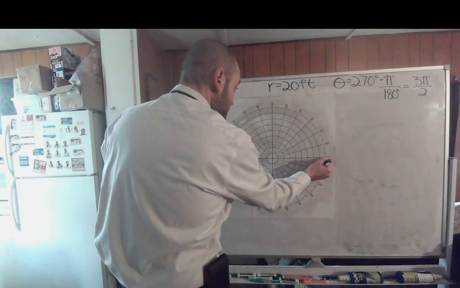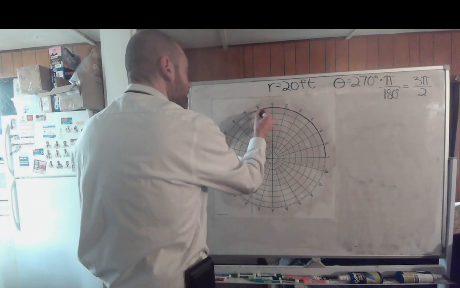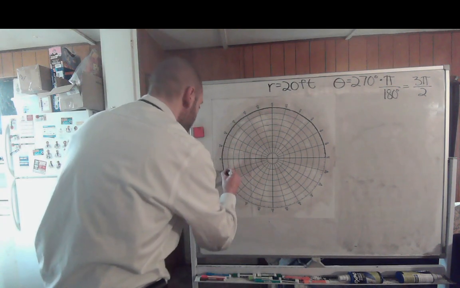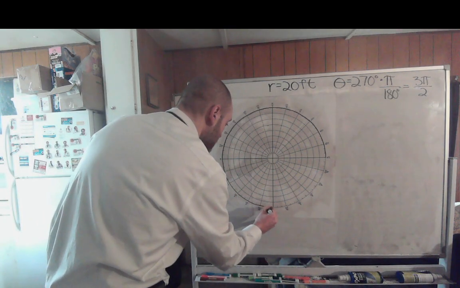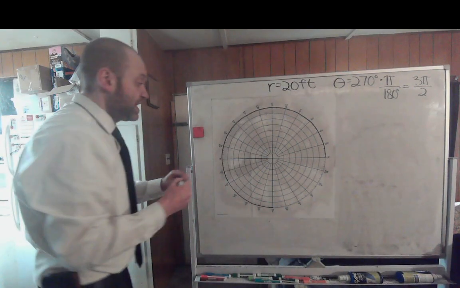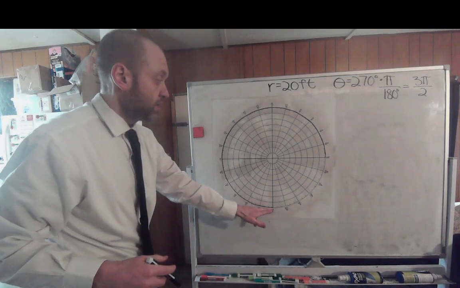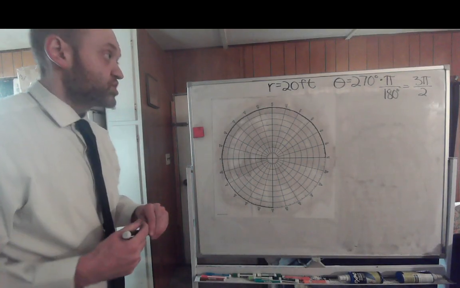So let me show you what we're working with here. We are finding the entire arc length from here all the way down to here, and the area of this sector. So that's a rather large area.